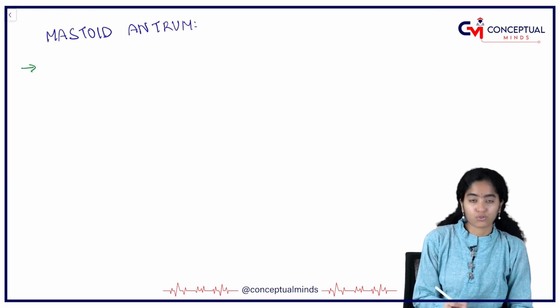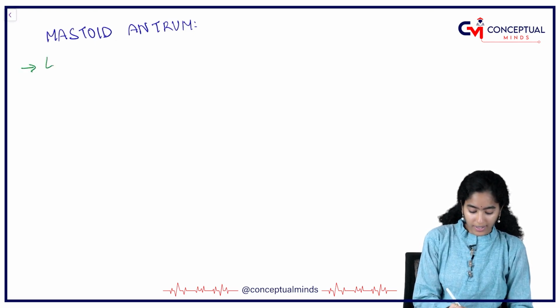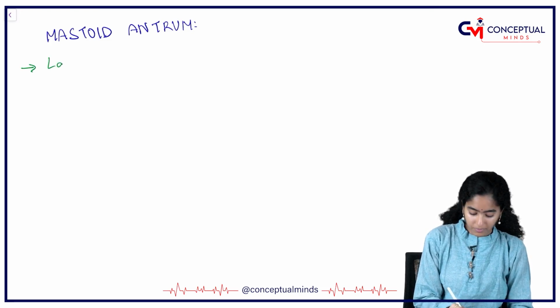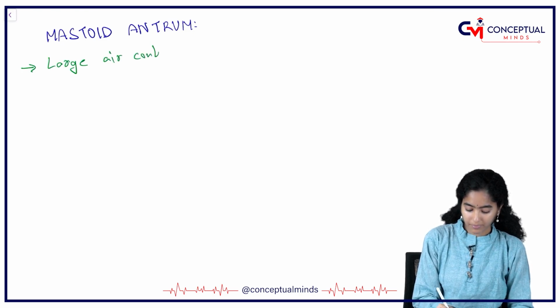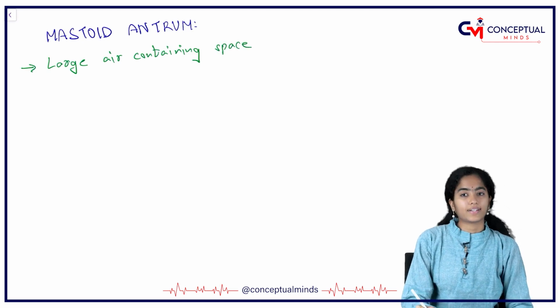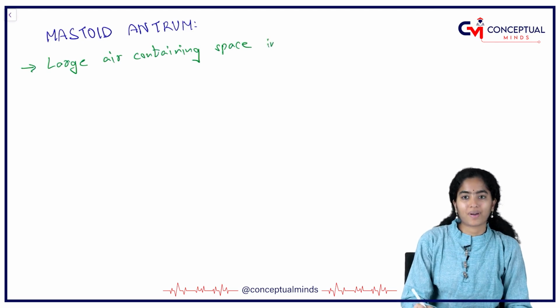So mastoid antrum is a large air-containing space that is present in the upper part of mastoid.